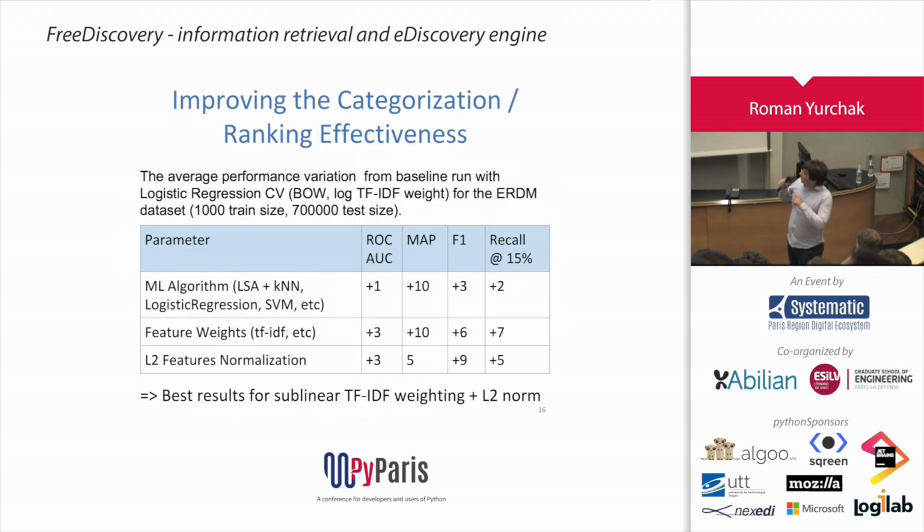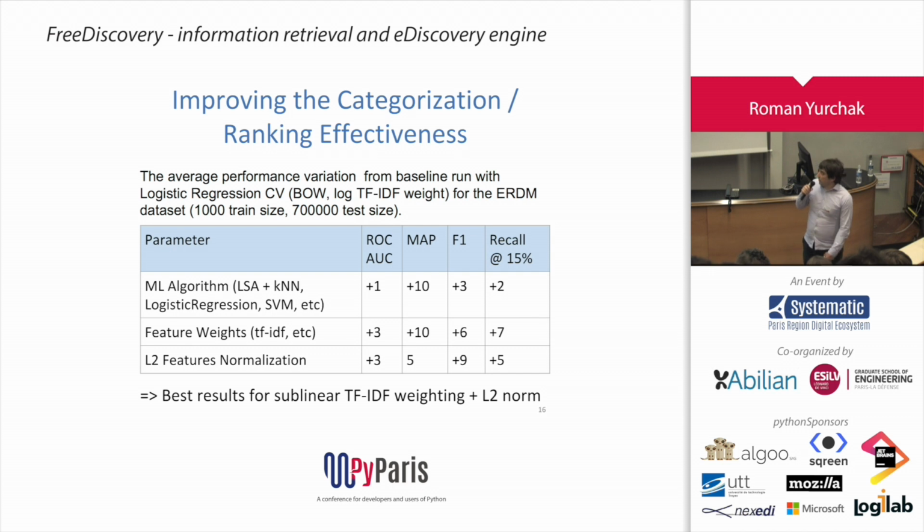More generally, we did quite a benchmark on different parameters that could impact recall. For instance, here's the recall at 20% of documents reviewed and other standard metrics. What this table does is compare the performance of these metrics with the baseline run that used logistic regression cross-validated using bag of words and log TF-IDF weights.